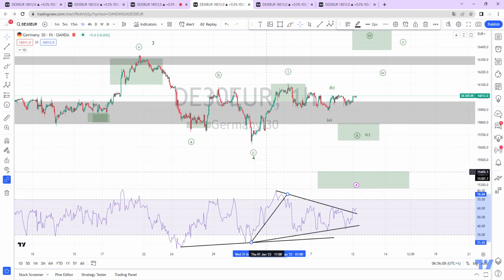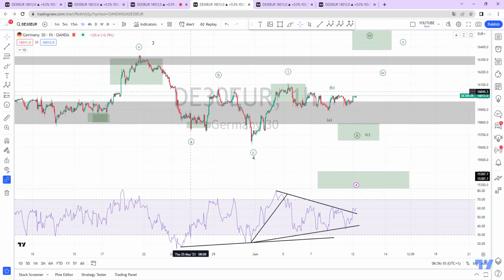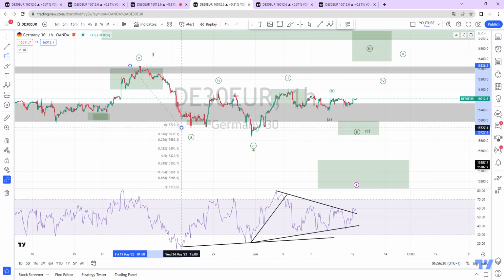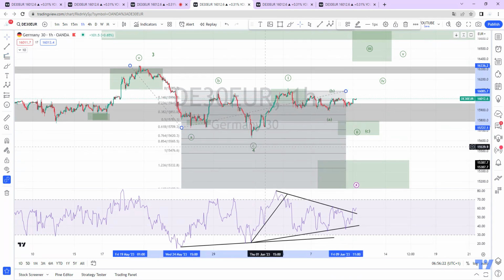Unfortunately, we did not reach the equal leg area from your wave 3. Normally, this would be an area to go long, like this area here between the 1 and the 1.618 extension. We did not reach this area, so we missed our long trade here.